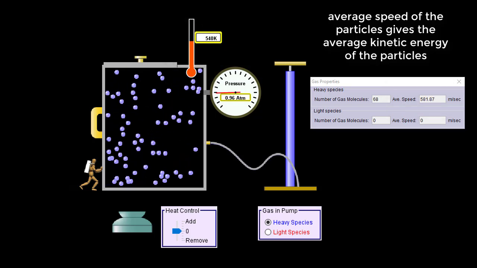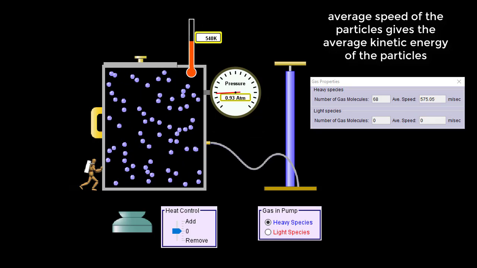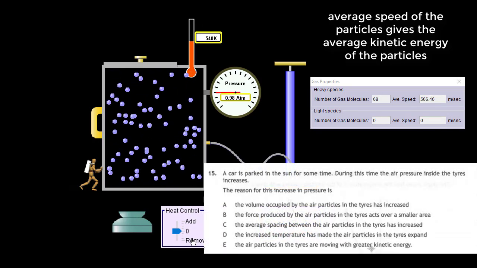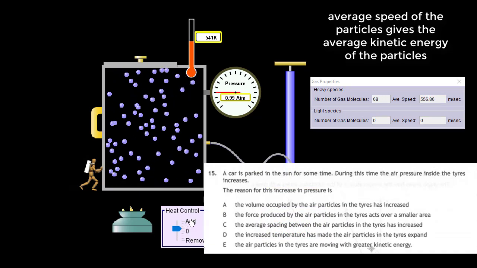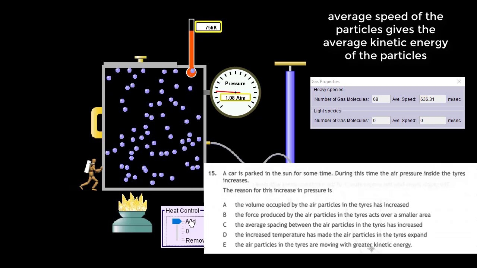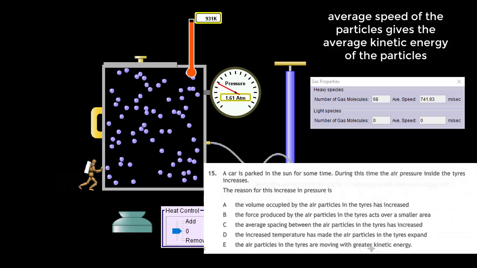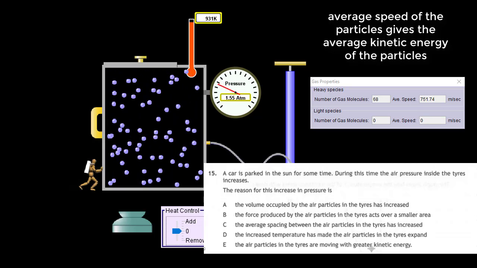Let's go through each of the statements in turn, and first look at what happens when we increase the heat into the system. You can see that the temperature is rising, the average speed is rising, and the pressure has risen.